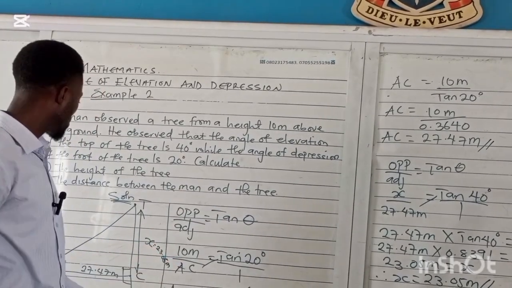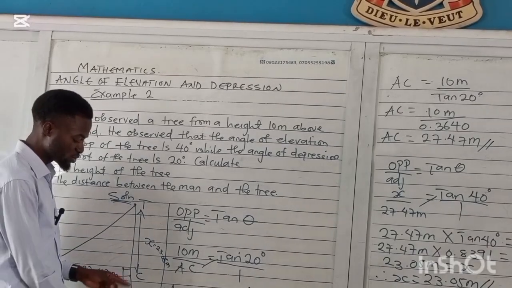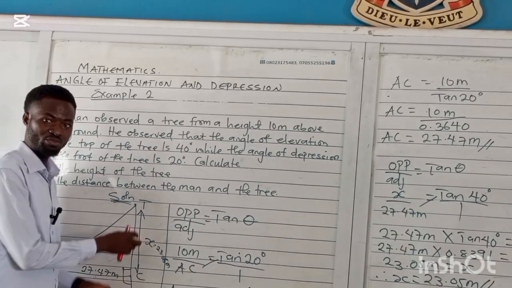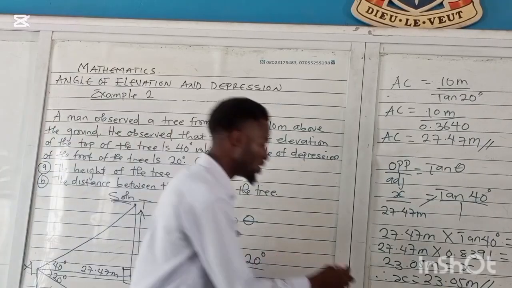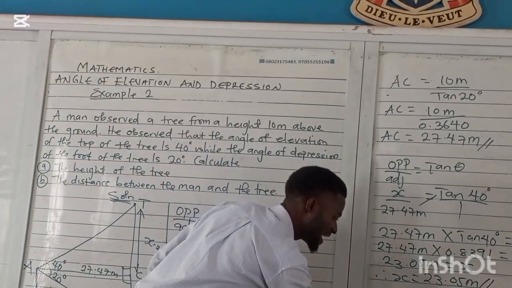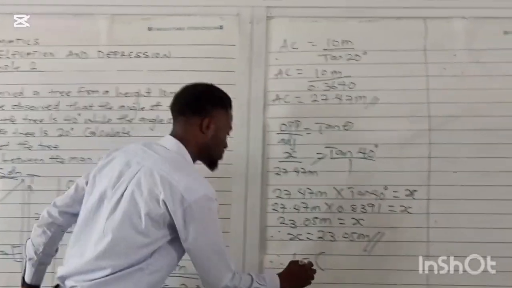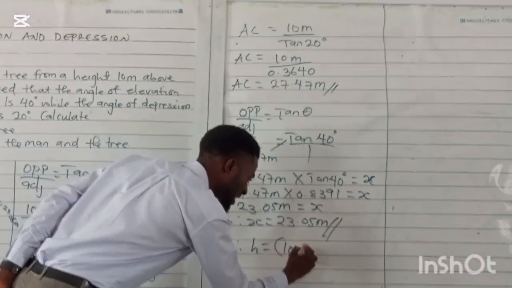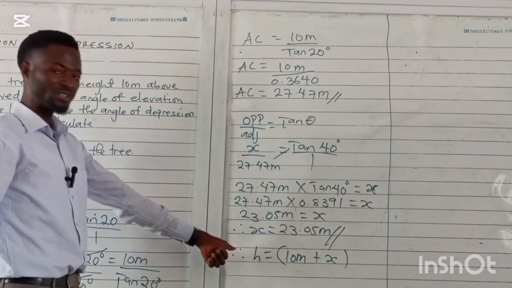So for us to find the height, in this case, what you're going to do is this plus this will give you the height of the tree. So we say, therefore, the height is equal to, we open bracket, this is 10 meter plus x should give us the height.